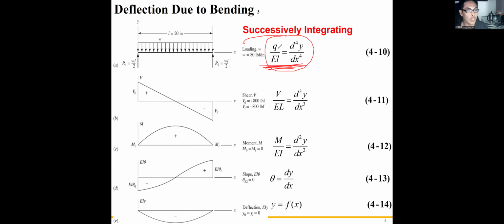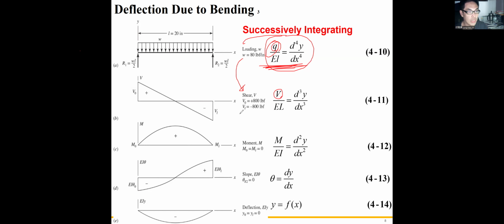Okay, so this Q includes the distributed load and the central load. And then we just take the integration of this Q, we get the shear.